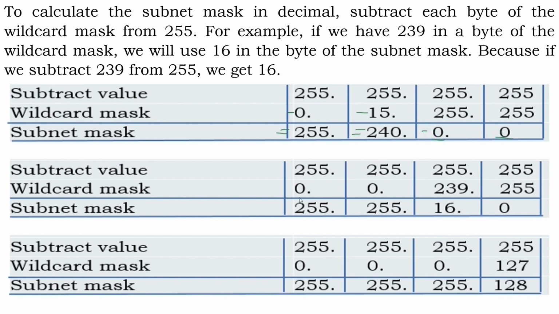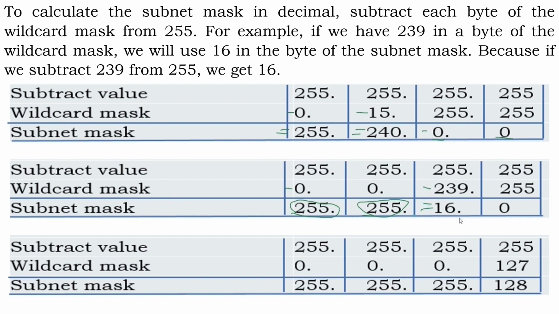If we subtract 0 from 255, we get 255. So, we will write 255 here. And here. 255 minus 239 equals 16.